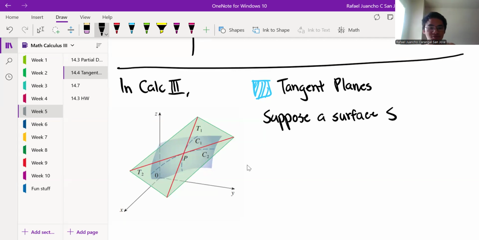Let's call it S. So this blue thing, that's our surface. We'll call that S. We call that a quadric surface. And let's say this has some equation. I mean, everything in math has an equation, right?